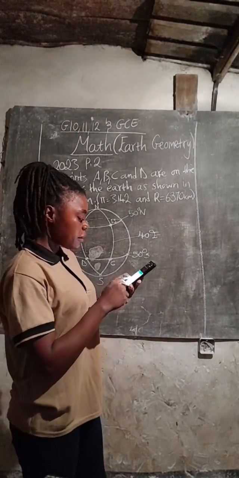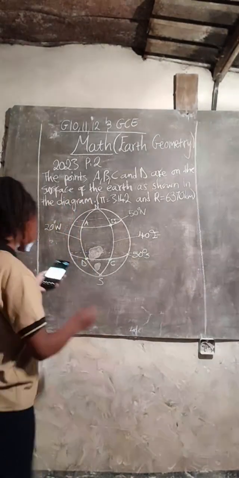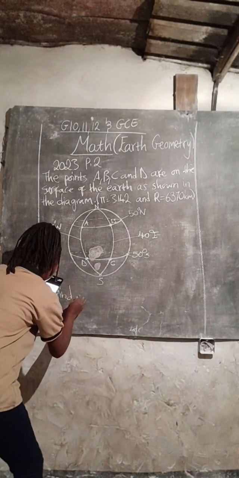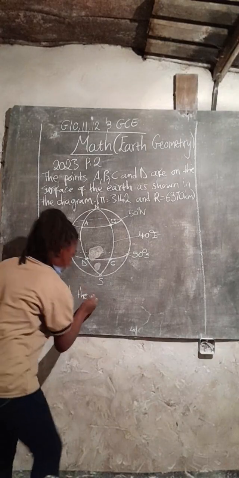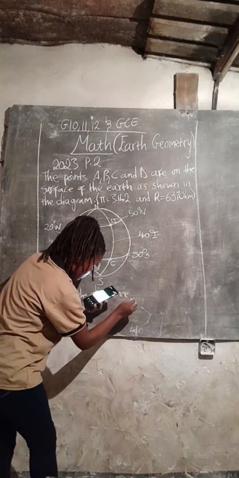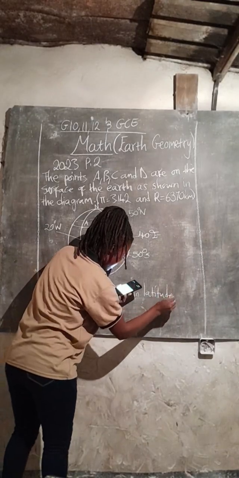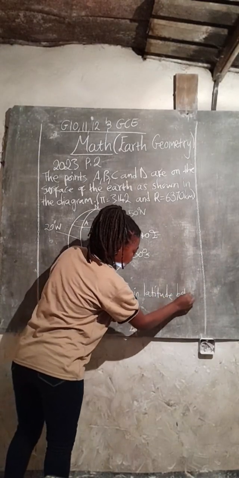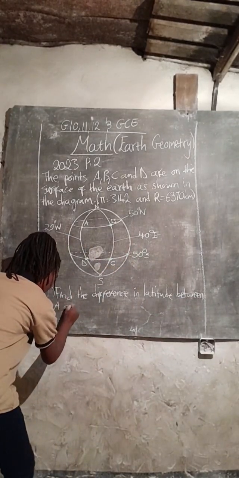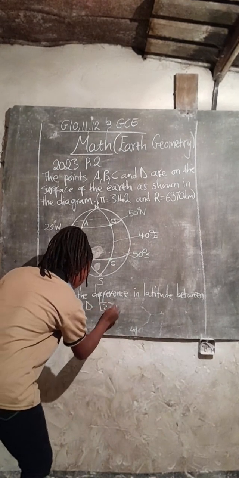The first one: find the difference in latitudes between A and D, 2 marks.